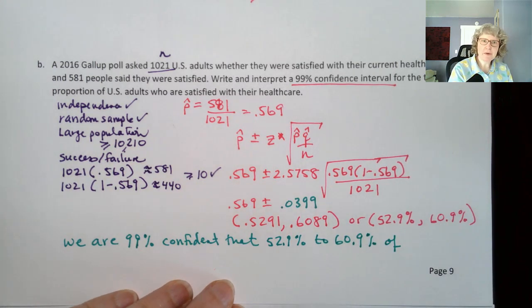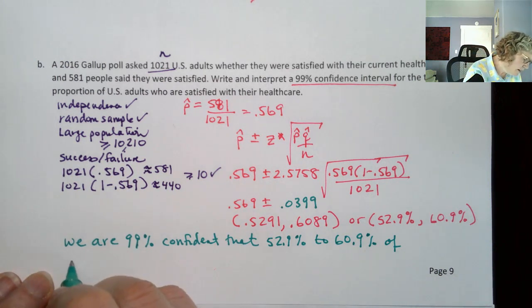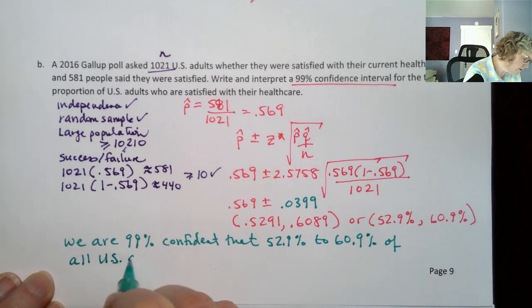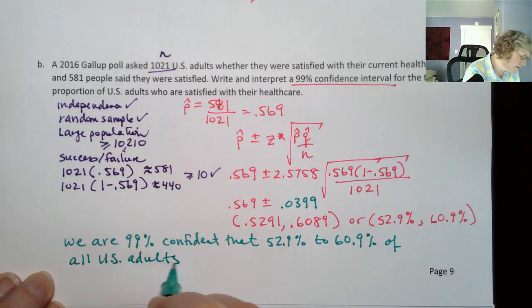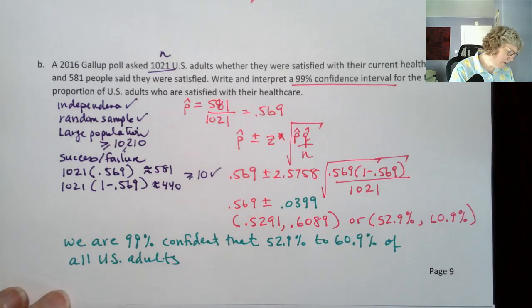of, okay, now this is where I need my population, right? And I'm going to emphasize that it's a population by saying all U.S. adults. Because we're not talking about the sample. We know the sample is 56.9%. We don't need to put a range around that. It's now that we're inferring to the population, that's why we need the plus or minus for sample to sample variation.